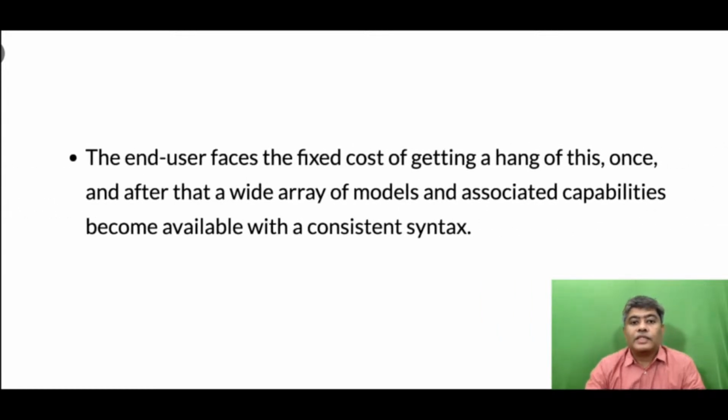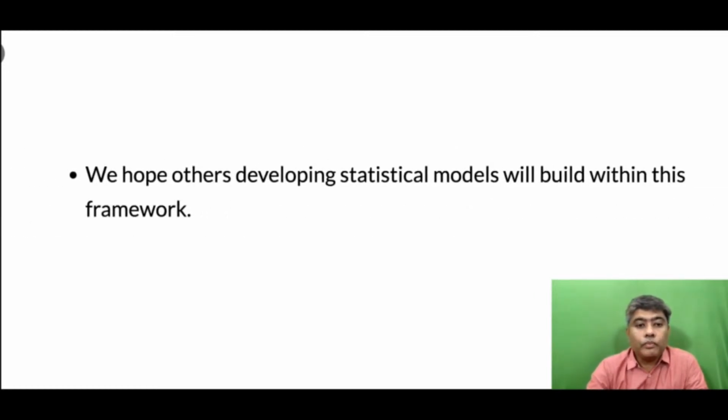The end user faces the fixed cost of getting a hang of this once, and after that a wide array of models and associated capabilities become available with a consistent syntax under the umbrella of CRAW. We hope others developing statistical models will build within this framework.